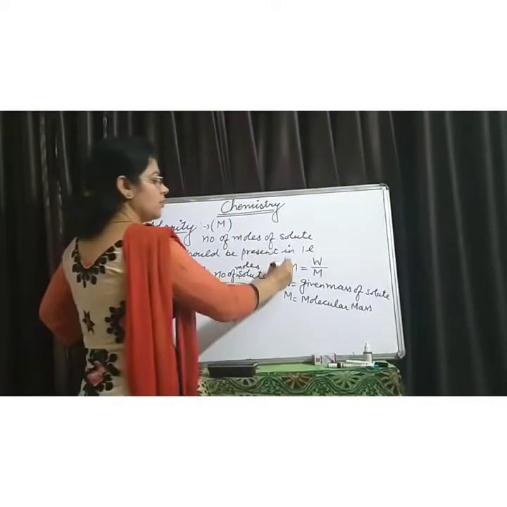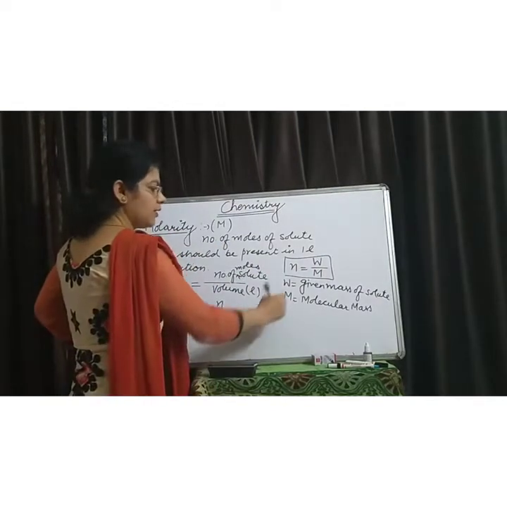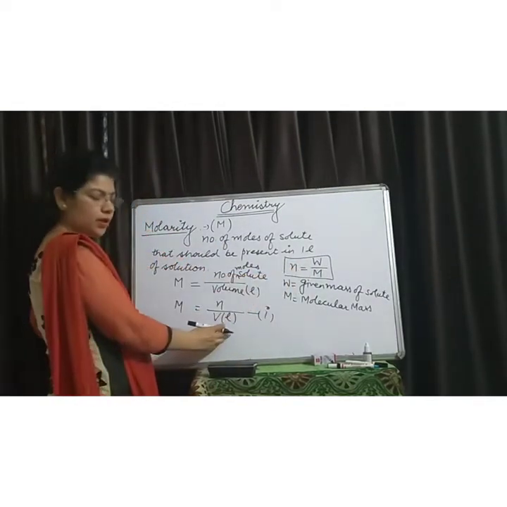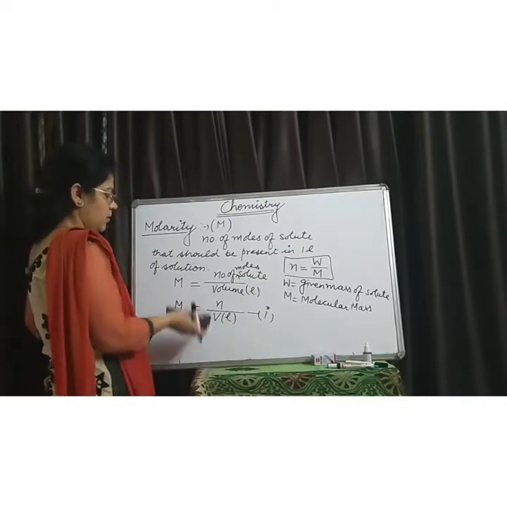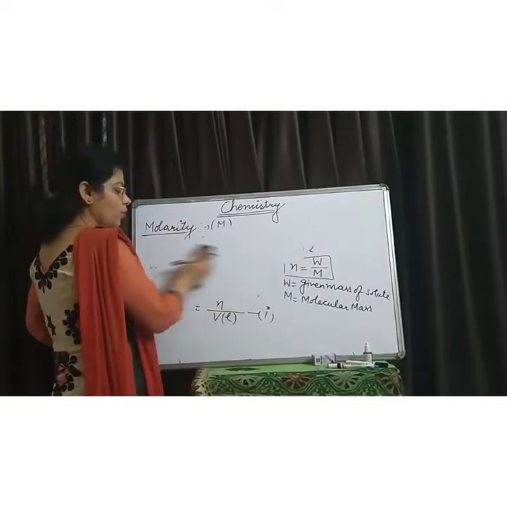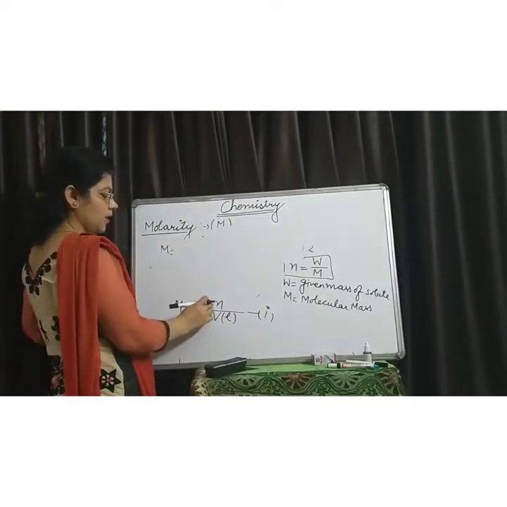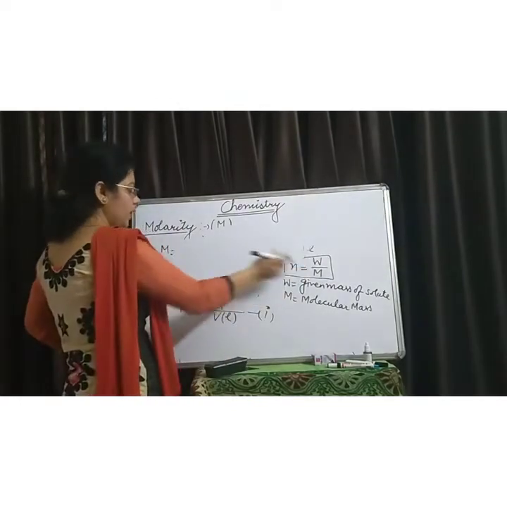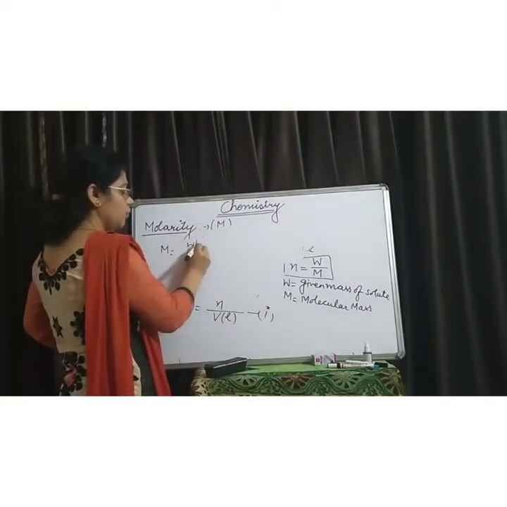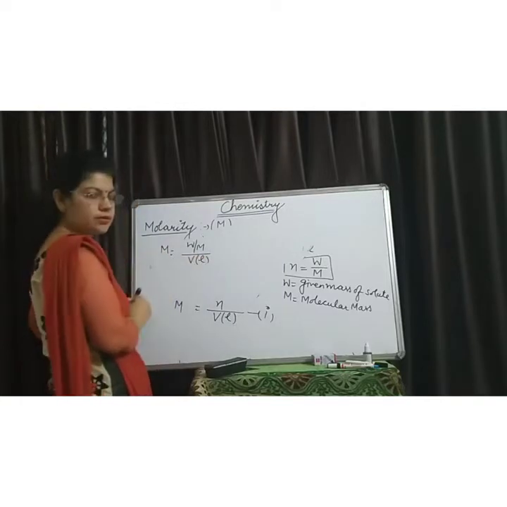When we put the value of N, that is W by M, in this equation, then the formula of molarity becomes, the value of N is W by M. I write here W by M upon V in liters.